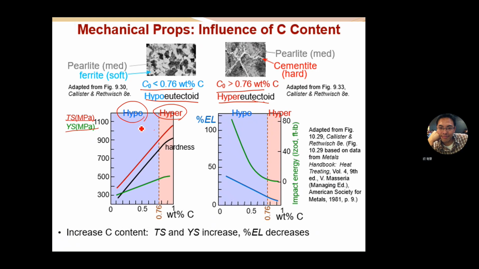Therefore, its ductility should decrease with carbon content. Its ductility or elongation decreases with carbon content. Okay, so remind me, what's the reason that the hyper structure is stronger than the hypo structure from the microstructure point of view? Why?